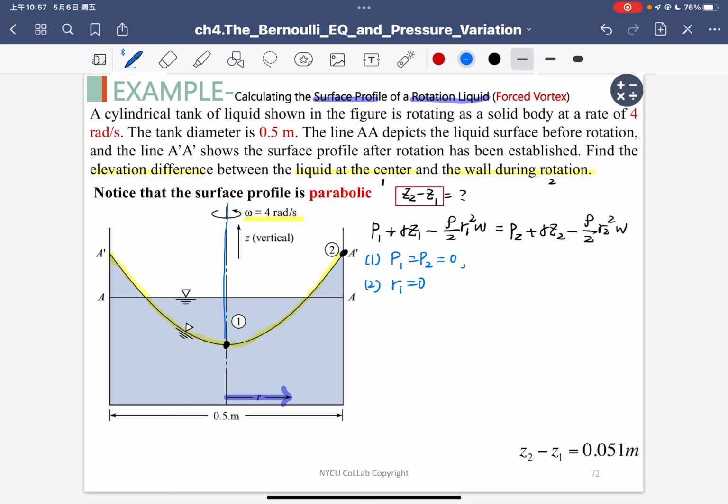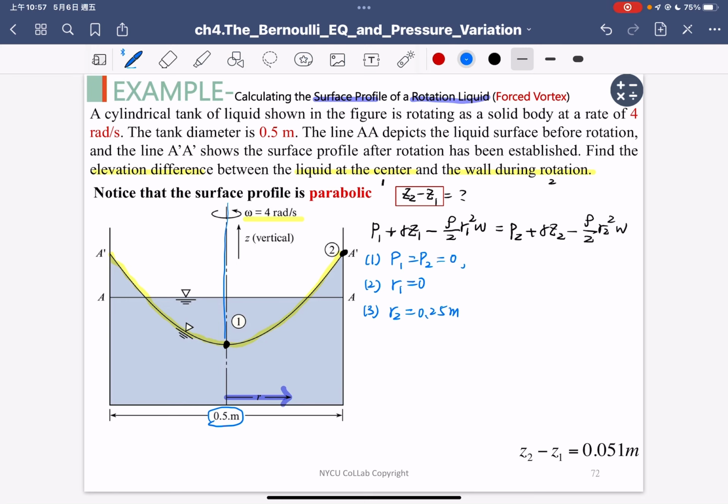So we only have R2. The total diameter is 0.5, so R2 is equal to 0.25 meter.